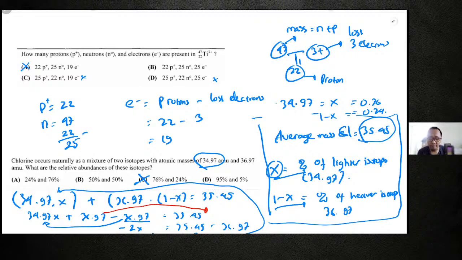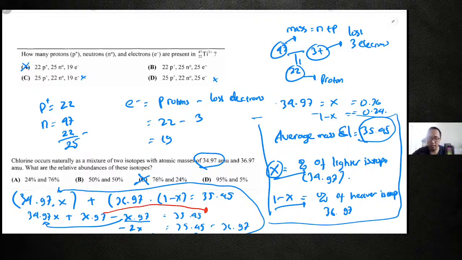Remember we just made the assumption of X and 1 minus X, and then we do the calculation this way and get X. Based on the assumption we made at first, X is for the lighter isotope and 1 minus X is for the heavier isotope.